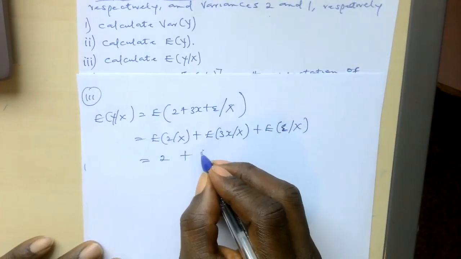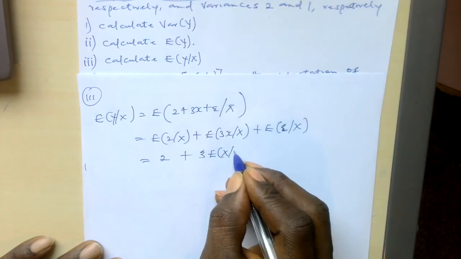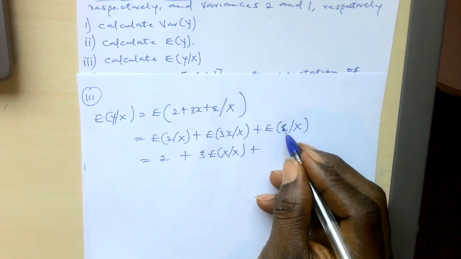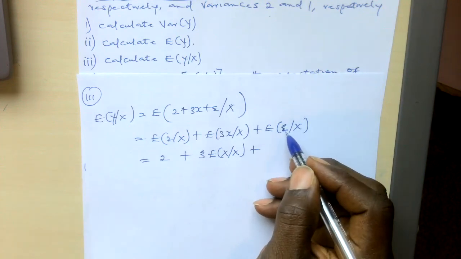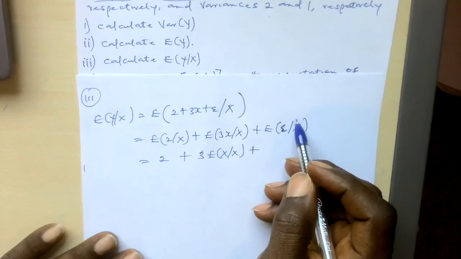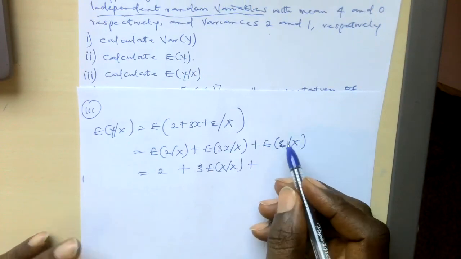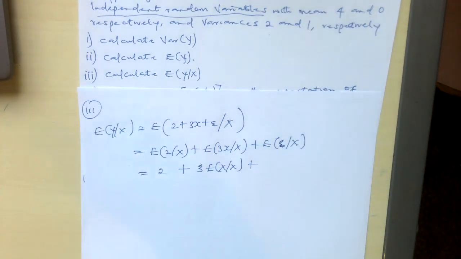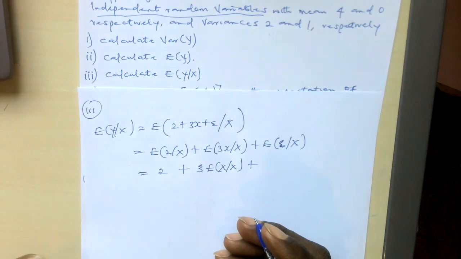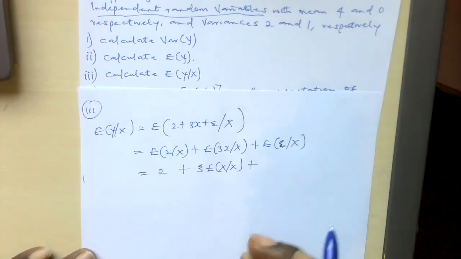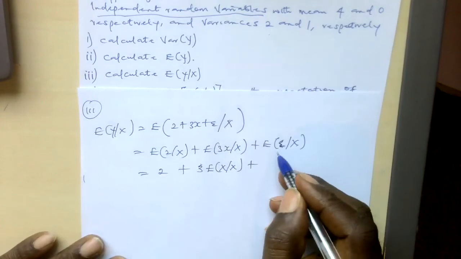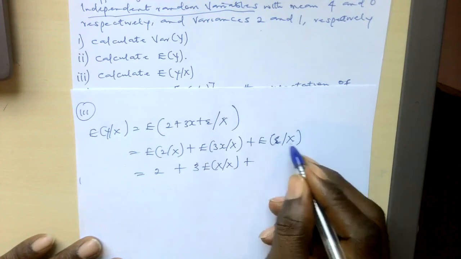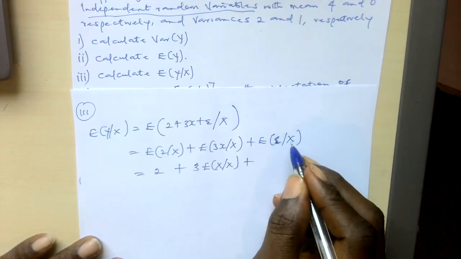We bring the 3 out, expected value of x given x is x. For the error, because x and error are independent random variables, they don't have any relationship, they don't rely on each other.